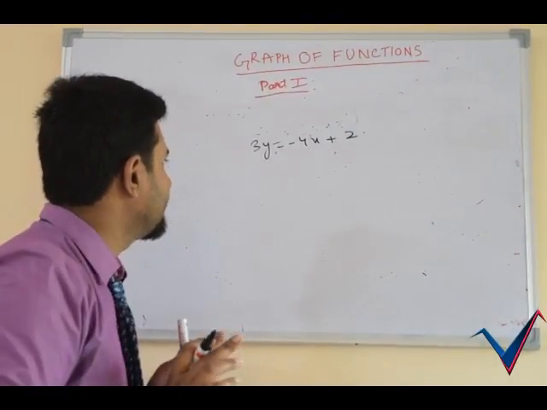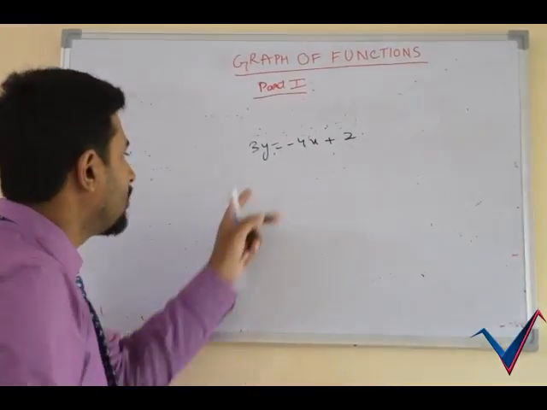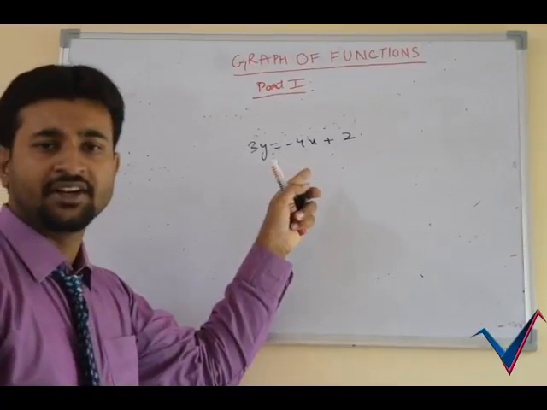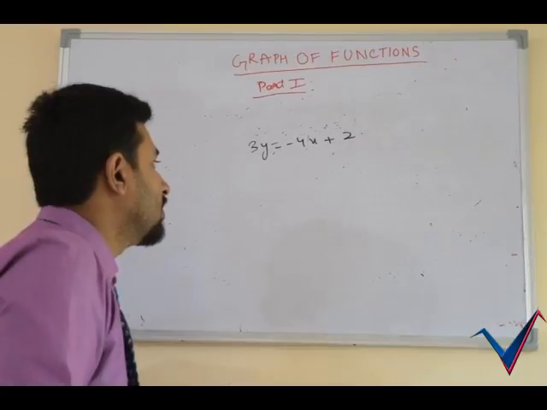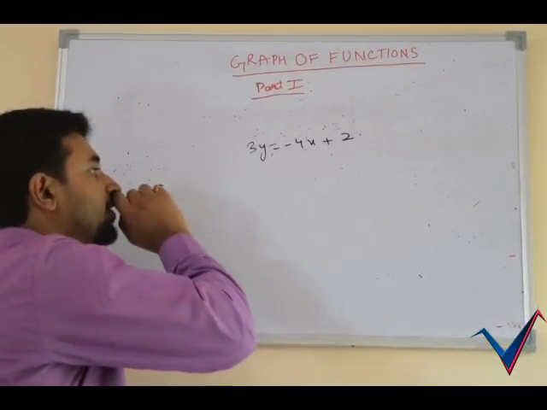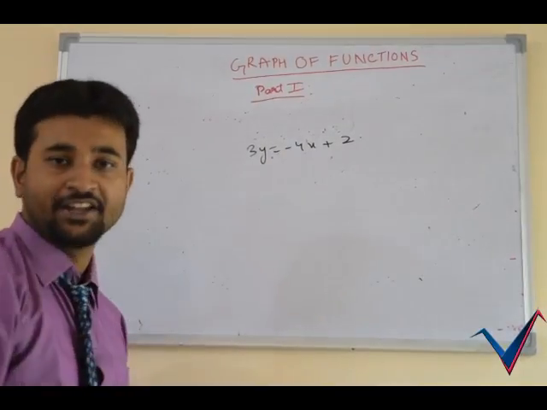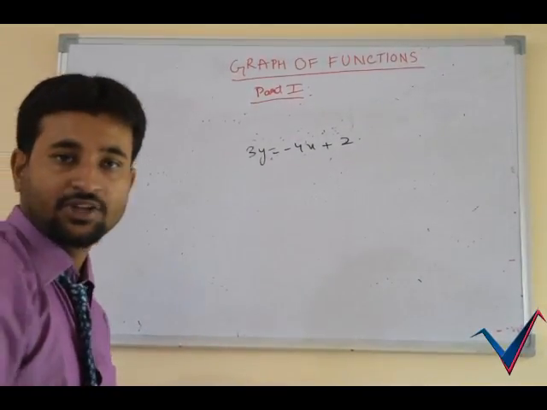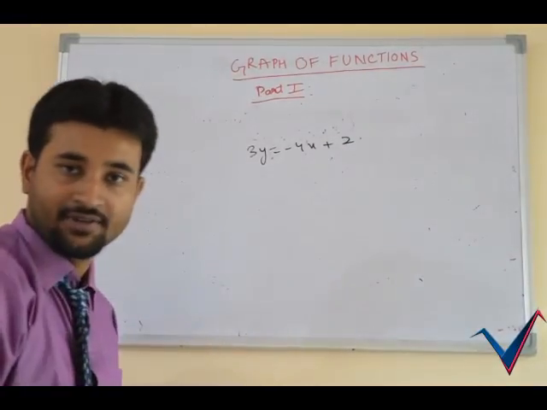I will follow only a single method; I won't explain through all three methods. First of all, what comes to your mind? What is the slope? The slope is minus 4 by 3. So the graph should be this way, and the y-intercept is positive.